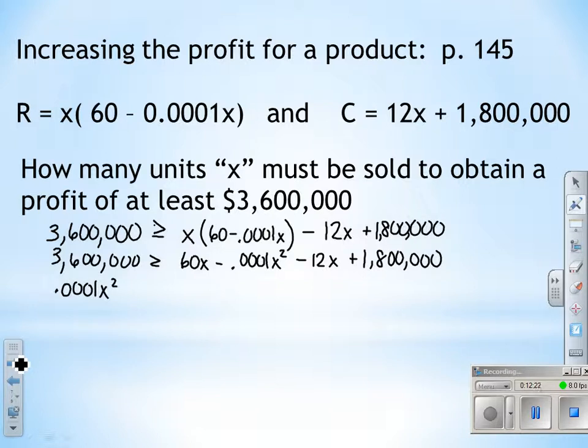The 60x and the minus 12x make 48x, but bringing it to the left, you're going to have negative 48x. And then bringing the 1,800,000 over, we are left with a positive 1,800,000 after it's subtracted from the 3,600,000. All right, now, oh wait.